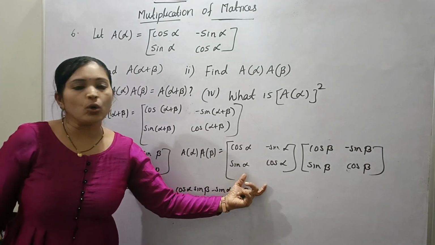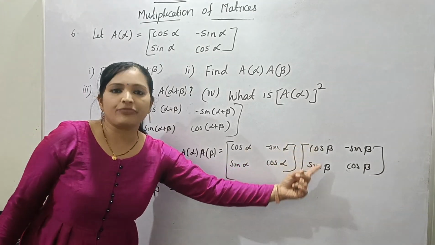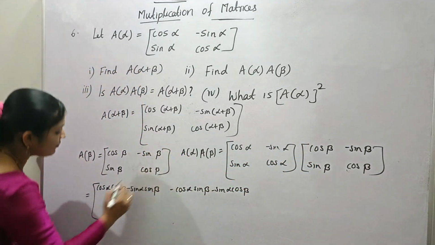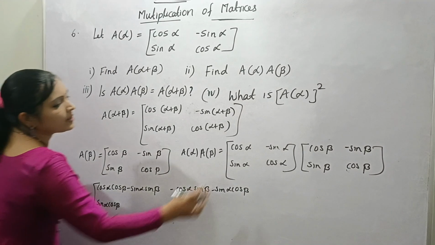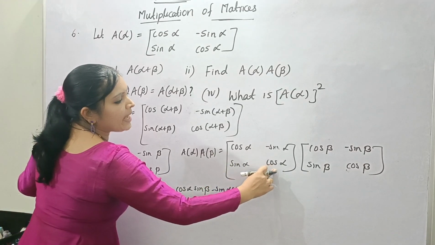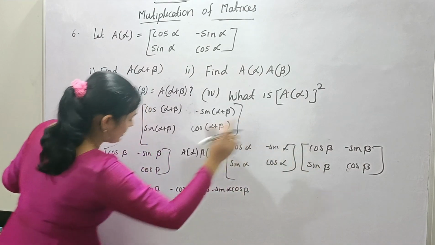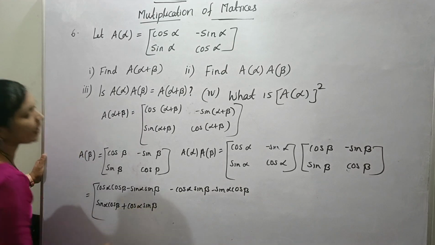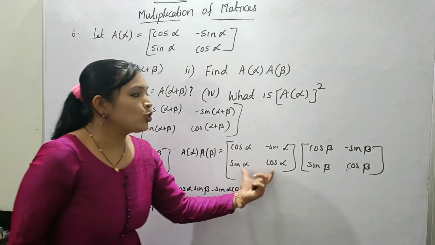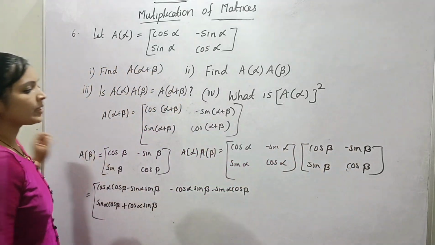Now come to the second row. Second row multiply with the first column. So sin alpha cos beta plus cos alpha sin beta. Okay. Then second row multiply with the second column.